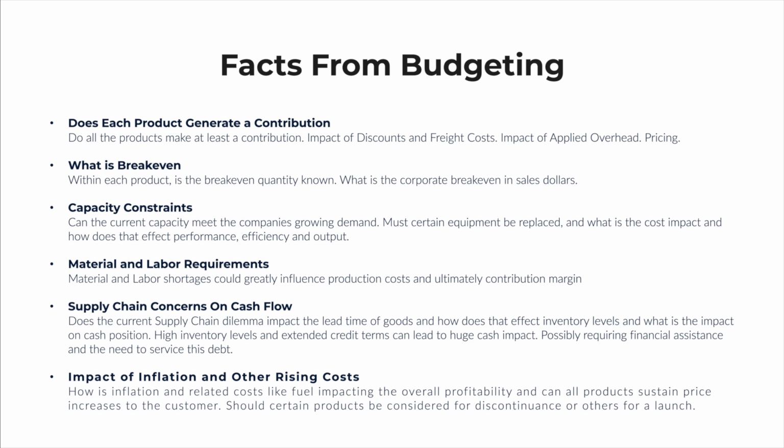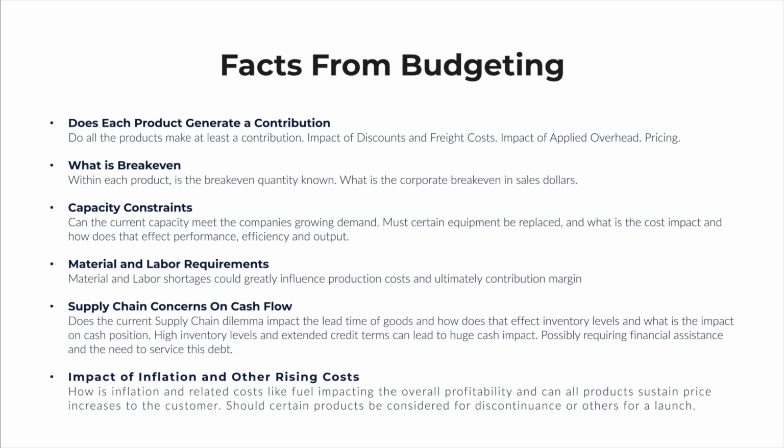And we need to make sure that as we look at what that is, we also take into cognizance the impact of discounts and freight costs and applied overhead that help us to define the pricing. The last thing you need is for a product not to create a contribution, let alone a small profitability that ultimately gets overwritten with some of the other costs that come into play, like the allocation of overhead, which is a little different.